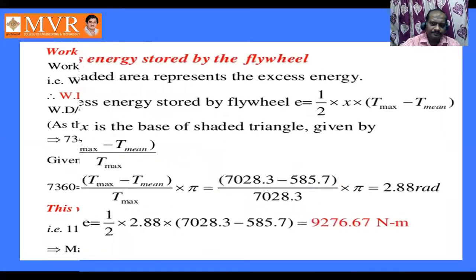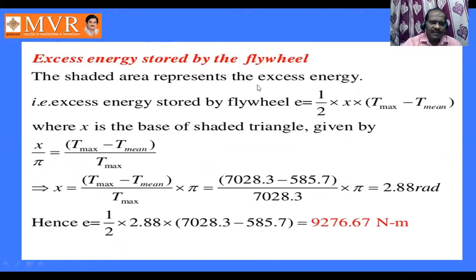Next, the shaded area represents excess energy. So excess energy stored by the flywheel is given by half into x into T max minus T mean. T max you know, T mean you know, half. So the only variable is x. So x by pi is equal to T max minus T mean by T max. In all these values, the only unknown parameter is x.